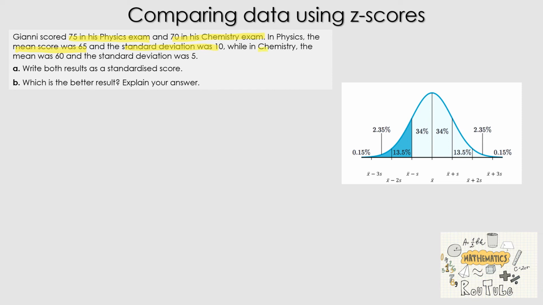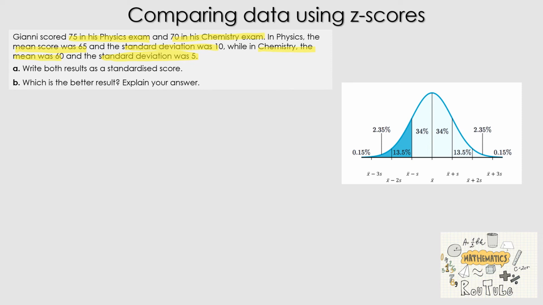While in chemistry, the mean was 60 and the standard deviation was 5. Really important: highlight not valuable bits, but the important bits of the question, and we'll come back to them as we need them. So part A says write both results as a standardized score or a z-score, and part B says which is the better result, and explain or justify your answer.